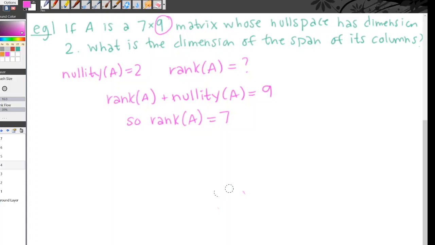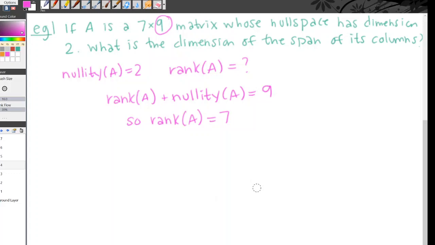So what that tells us is that we don't know anything really about this matrix. We don't know what the actual columns or rows look like, but we do know that the span of the columns is 7-dimensional.